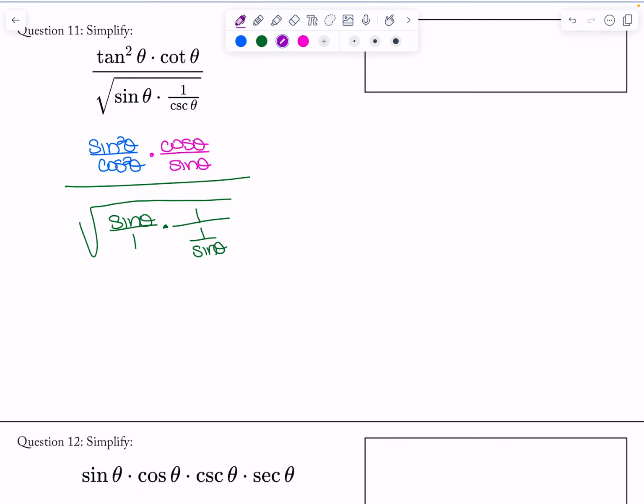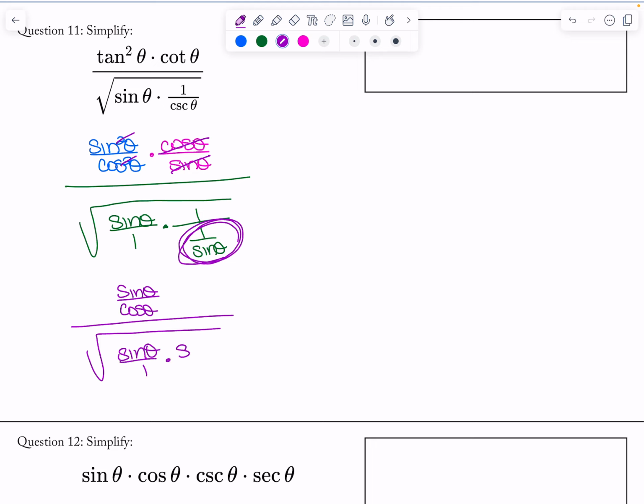Okay, so now we've got to do some simplifying here. I'm going to reduce my cosine here with one of my cosines, and one of my sines with one of my sines. So in my numerator, I'll be left with a sine of theta and a cosine of theta. In my denominator, I'm going to invert and multiply. So I have my sine of theta over 1, and then I have sine of theta over 1.